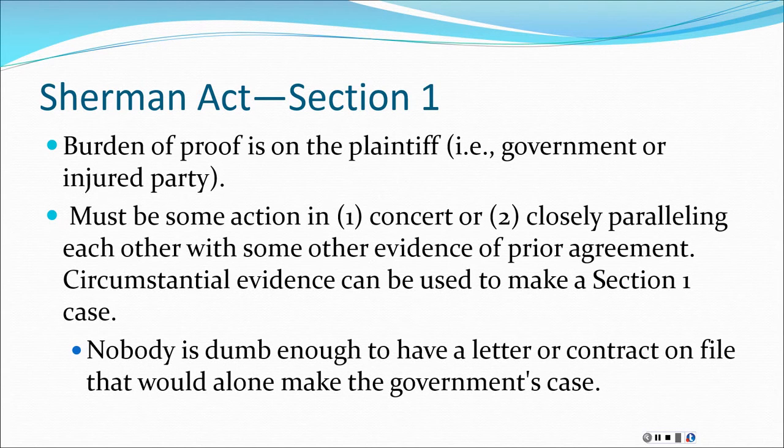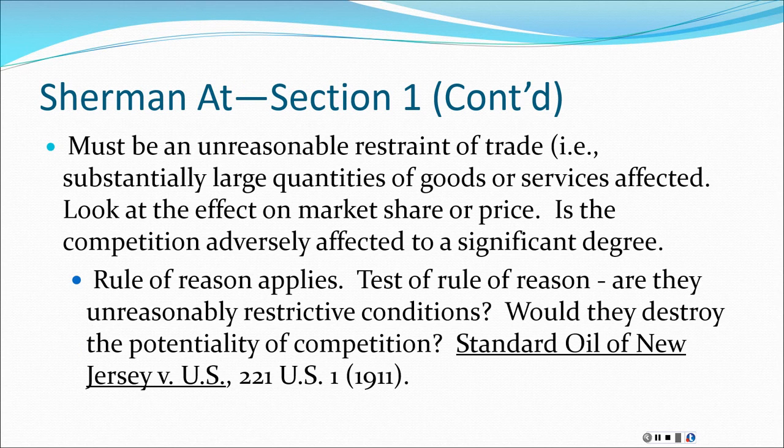So it's going to have to be done by piecing the evidence together. There must be some unreasonable restraint of trade, meaning there is a substantially large quantity of goods or services affected. Now you look at the market share or the price and how these are affected, and you look to see, is the competition adversely affected to a significant degree, hence substantially large quantities.